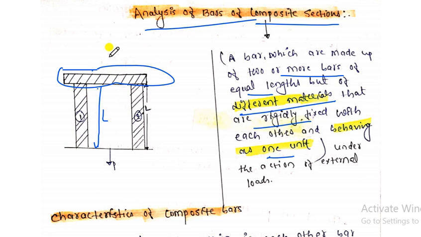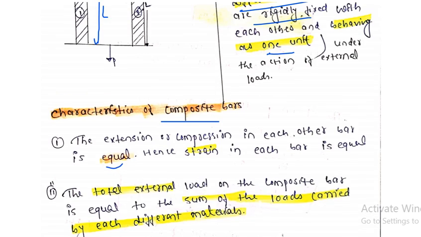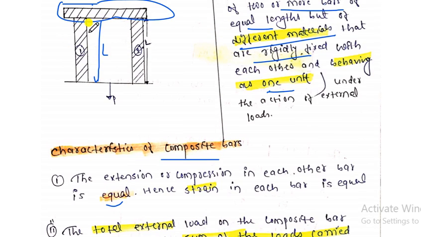Now we'll talk about the characteristics of composite bars, meaning what properties they possess. The extension and compression in each bar is equal, as you can see in the above figure. Hence the strain in each bar is equal, that is, strain in copper equals strain in aluminium.